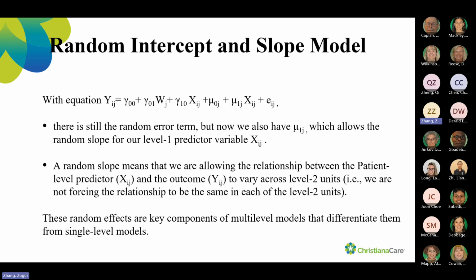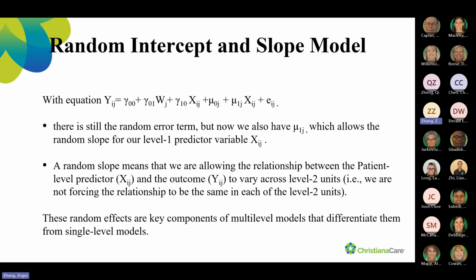In addition to the random intercept model, we also have the random slope model, which means we allow a random slope for our patient, level 1 predictor variables. A random slope means we are allowing the relationship between the patient level predictors and the outcome to change or vary across level 2 units, such as the hospital.